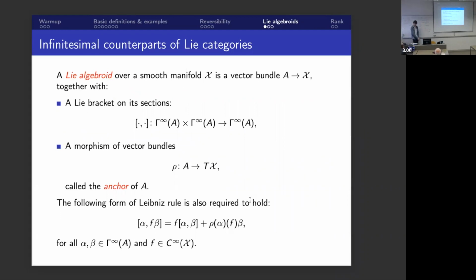It's given, but for Lie categories, there's going to be a natural candidate. What I'm saying is there is going to be a Lie algebra that we can associate to a Lie category. Yeah, both the bracket and the anchor are axiomatically given, right?